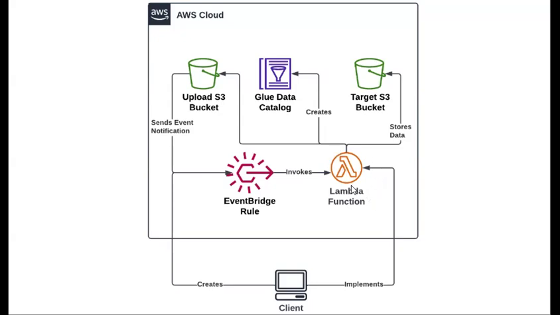In this Lambda function, I will write some code to process the data it gets from the event, and after processing, it stores the resultant data in my target bucket and in my Glue Data Catalog tables. This is what I want to do.